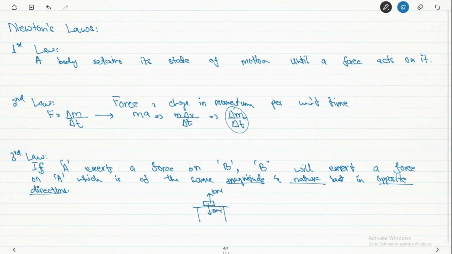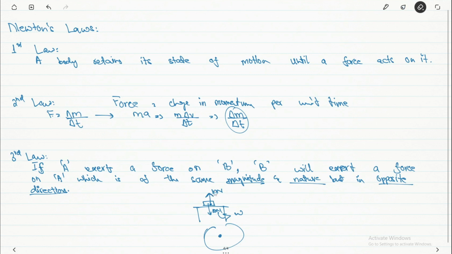So you might think that this is Newton's third law of motion, but it's actually not true. This weight is a complementary force to Earth's gravitational field, which is being applied on the Earth as well from the box. And this force is the complementary force of the contact force of 10 newtons, right? So this is something that you have to keep in mind, that the nature, magnitude, and direction remain as stated in the third law of motion, right?